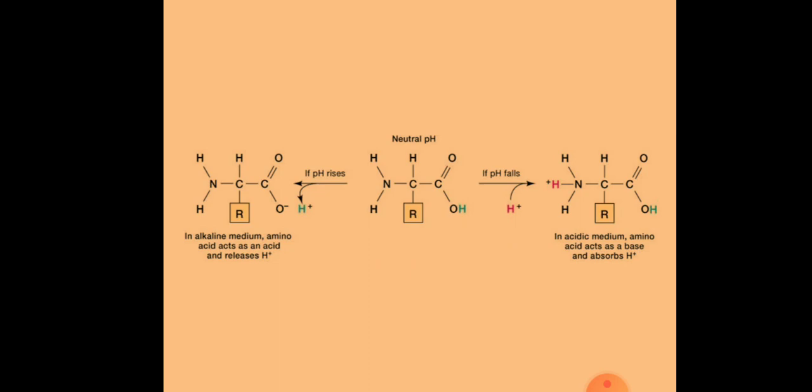That is, when the pH is high or alkaline, the COOH group of the amino acid would release H plus ions to the medium and neutralize the excess OH minus ions produced.